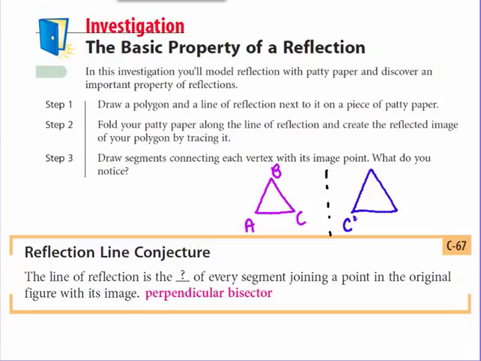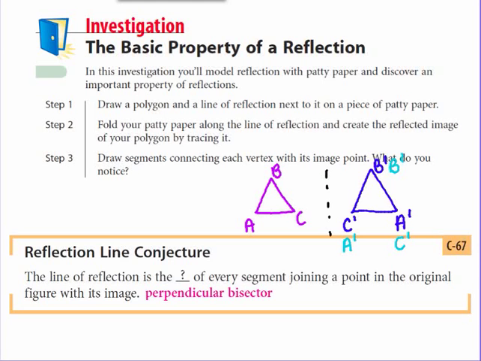This point over here would be A prime, and this point over here would be B prime. It's important you understand that because that will tell you if it's going to be a slide or a reflection. I could make this a slide. If I made it a slide, this would actually be point A prime, this would be point C prime, and that would be point B prime. So that's why it's important that you understand what the primes mean.